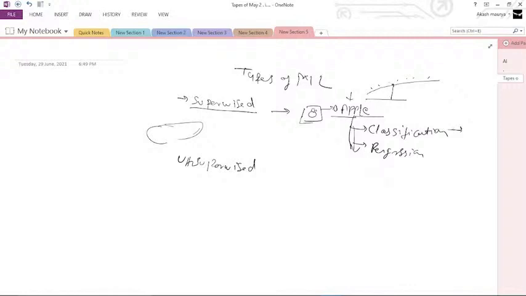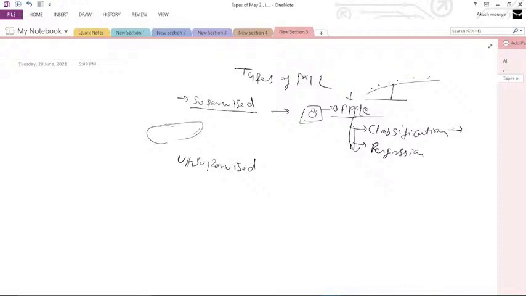An example of a regression task: let's say I have a car, and the car has this many cylinders, and this average, and then I have to predict how much carbon dioxide it will give per kilometer. So this is a regression task.